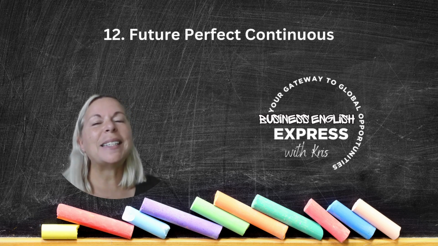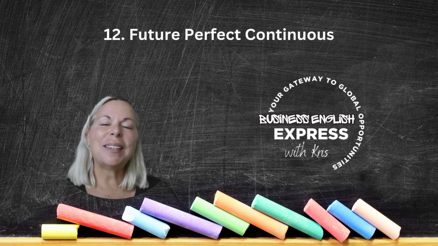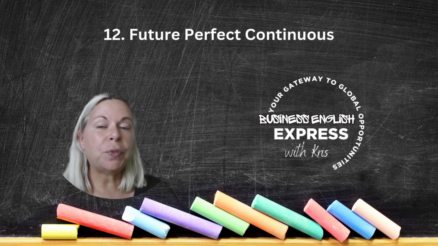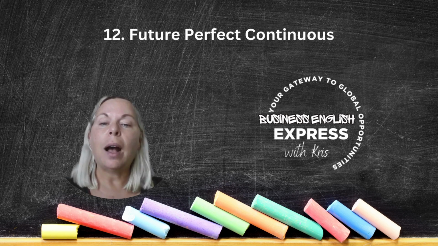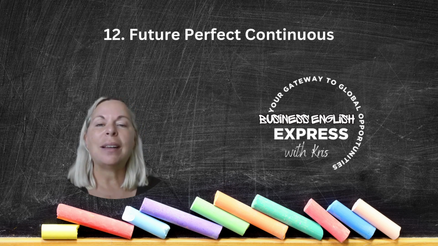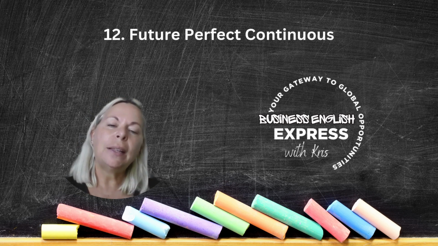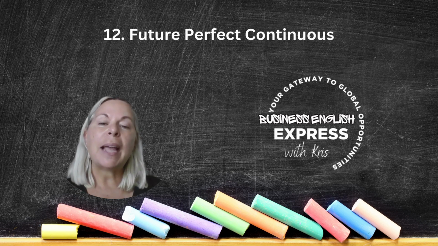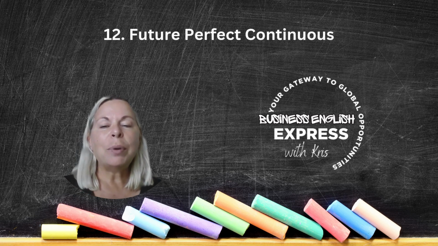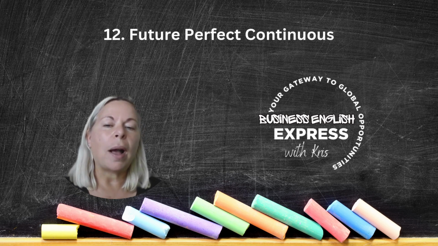Future perfect continuous. Now, this one's a little bit tricky, but it's useful when you want to emphasize the duration or the length of an action that will be happening until a certain point in the future. It's like saying, by the time something happens in the future, I will have been doing something for a while.